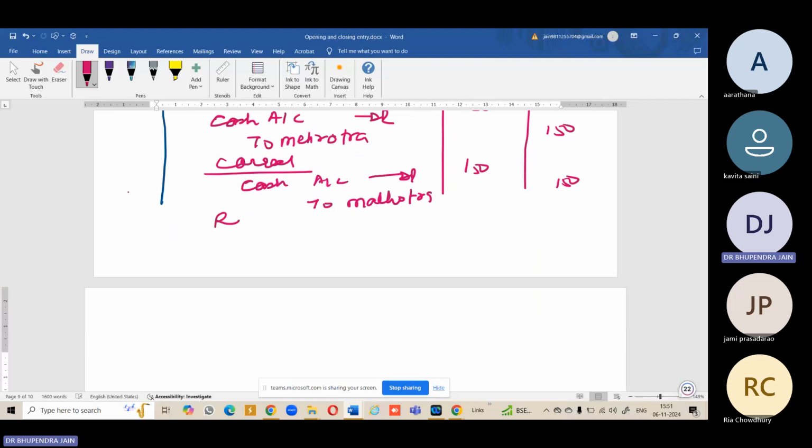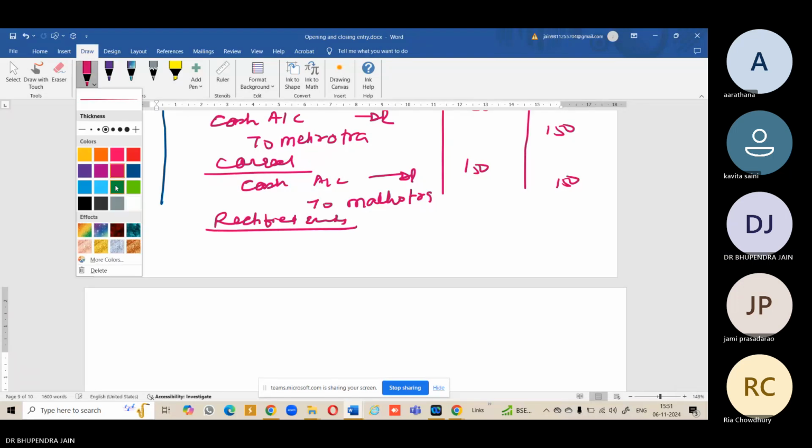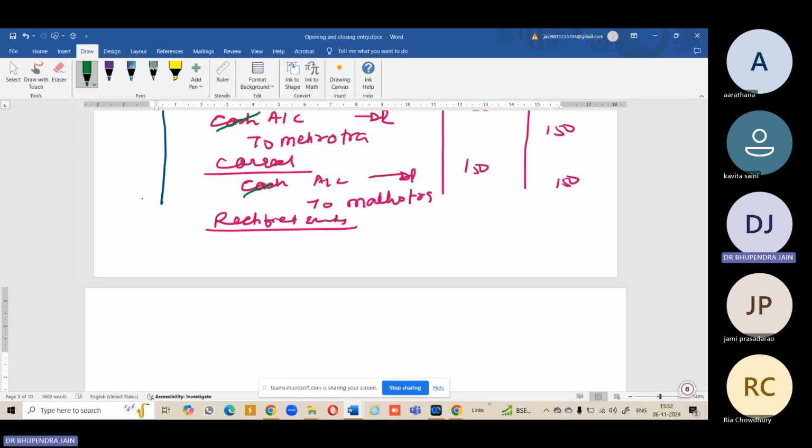Now pass the rectified entry. So just cancel which is right in both the side, in both the entry, whether in wrong entry or right entry. Clear?